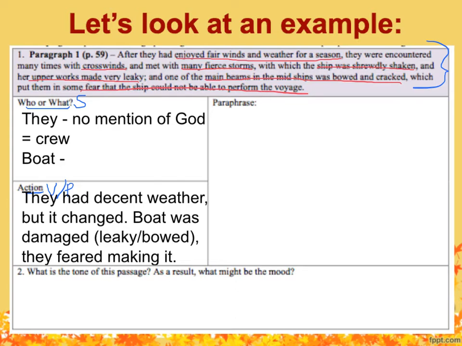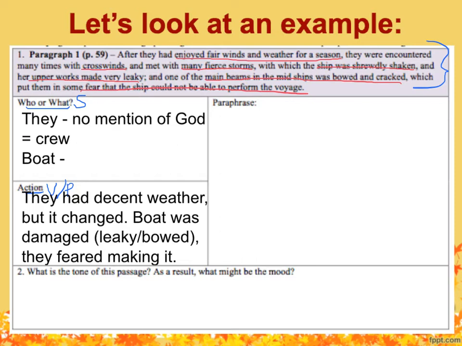In this one, it talked about they, and then it talked about the boat. And then in that cause and effect type relationship, there was another thing with the they. So then I looked at the action and I thought, so what about they? What about boat? And now I'm ready to go in and to paraphrase this statement.